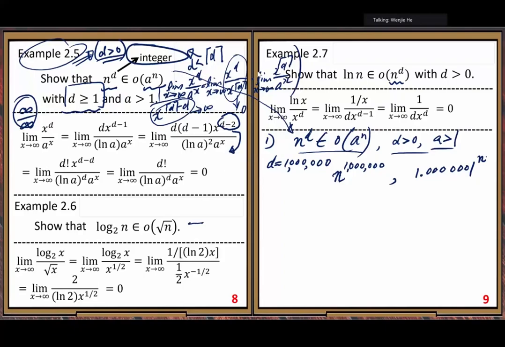So when n becomes an extremely large integer, which one grows faster? Think about that.